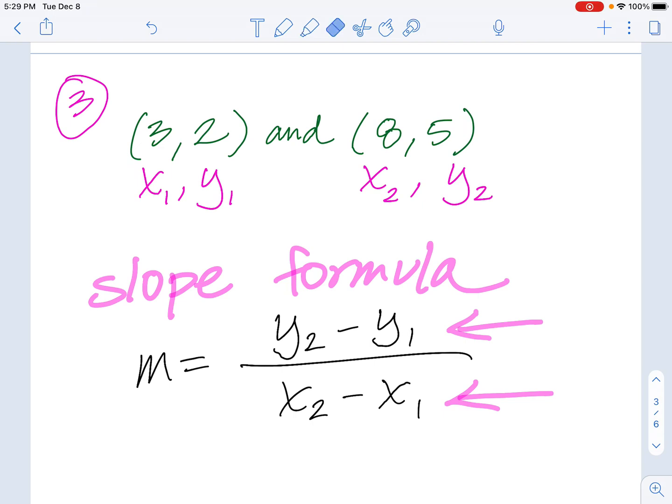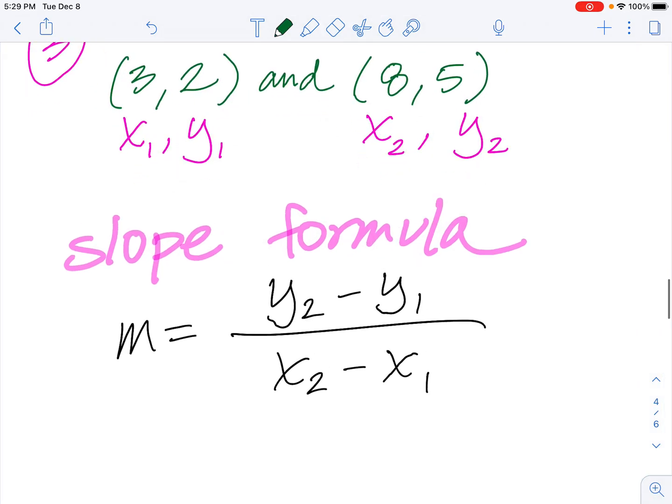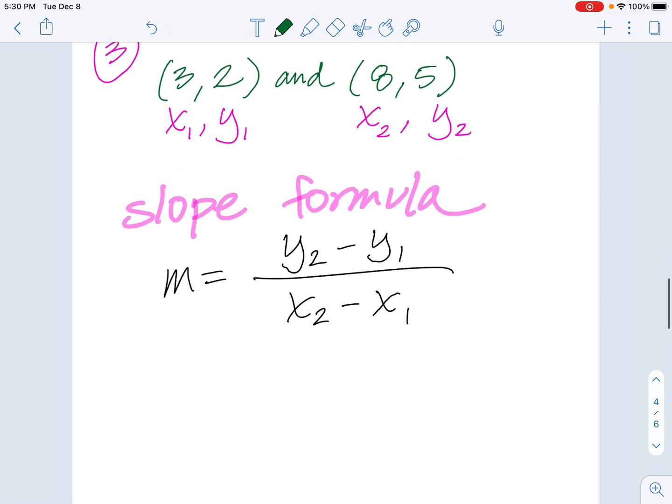In order to use the slope formula, all we have to do is plug in our values. So look up at your values 3, 2, and 8, 5. I'm going to put those values in their proper places in this formula. So we'll rewrite it. y2 was 5, and then we go minus. y1 was the value 2. x2 was the value 3.